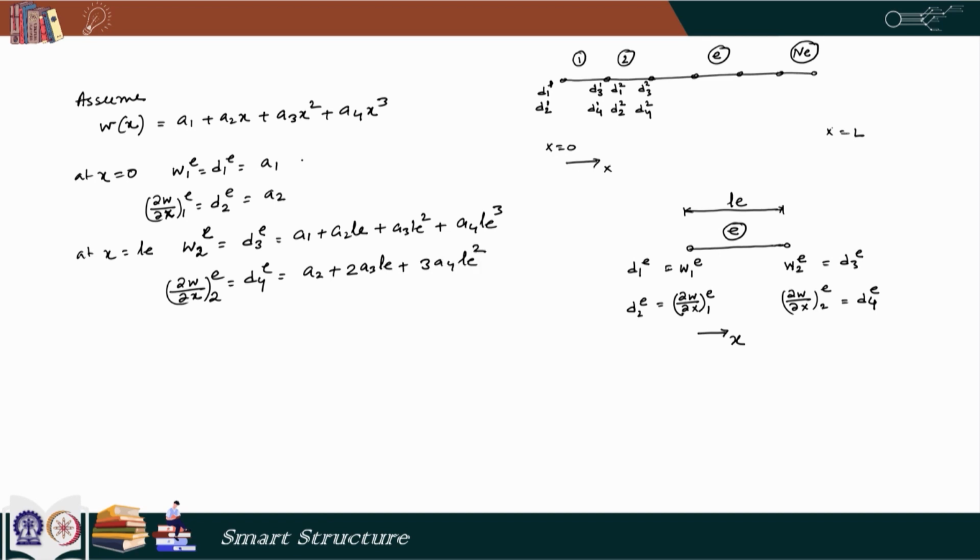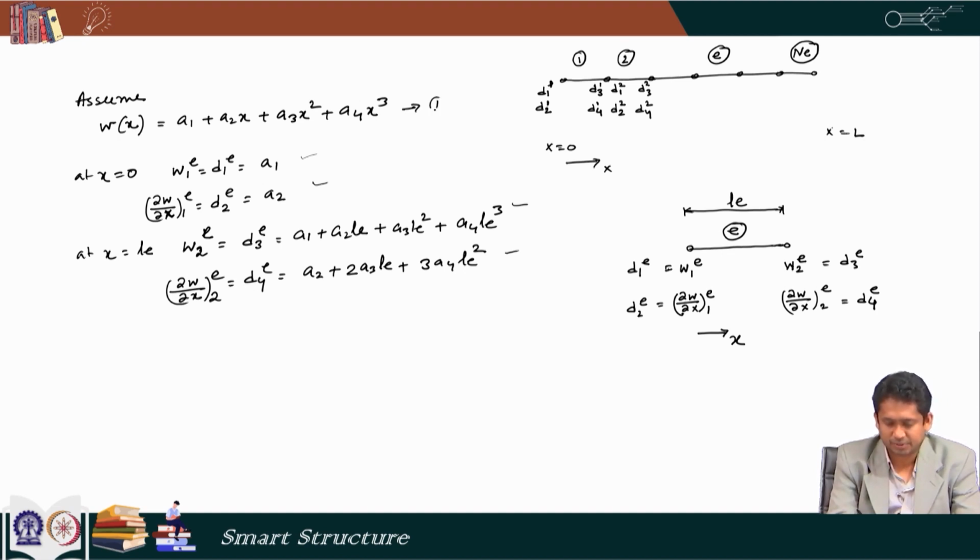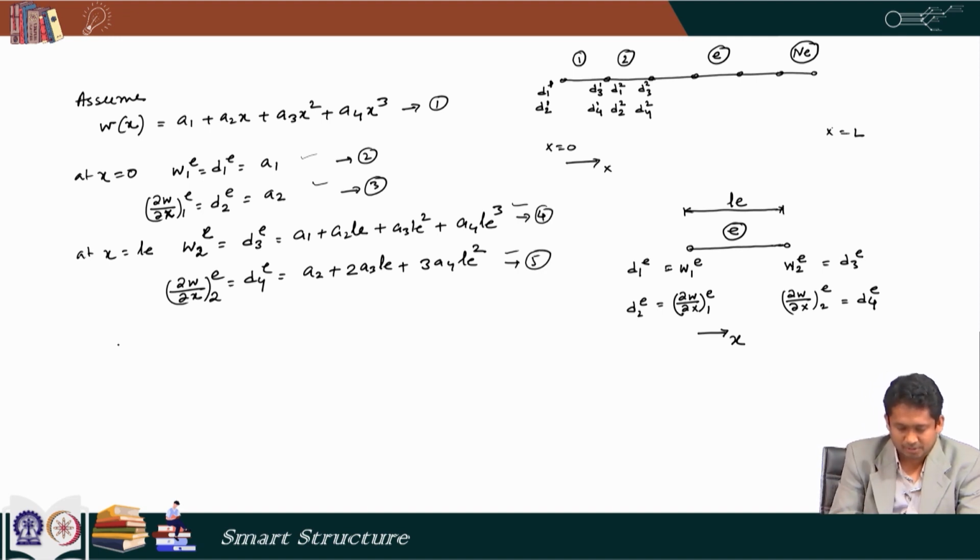So, here I have 4 equations, 1, 2, 3, 4, and using these 4 equations I can represent A1, A2, A3, A4 in terms of D1, D2, D3, D4. Let us define this as equation 1, this as equation 2, this as equation 3, this as equation 4, this as equation 5.